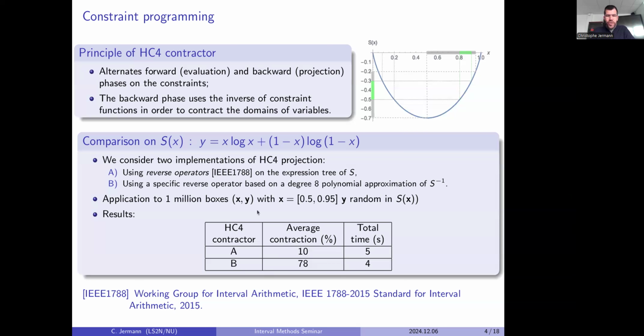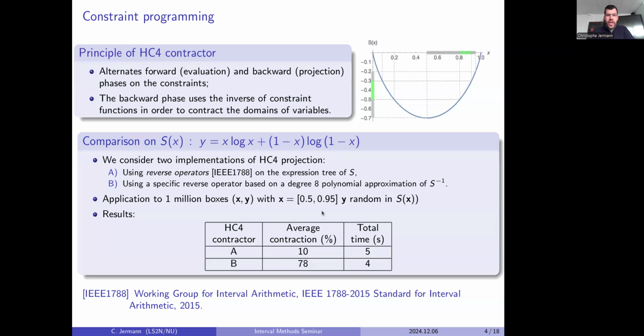And I immediately show some interesting results. We have just drawn at random 1 million boxes with every time the same x interval, but an image y which is taken at random within the image of this initial interval.